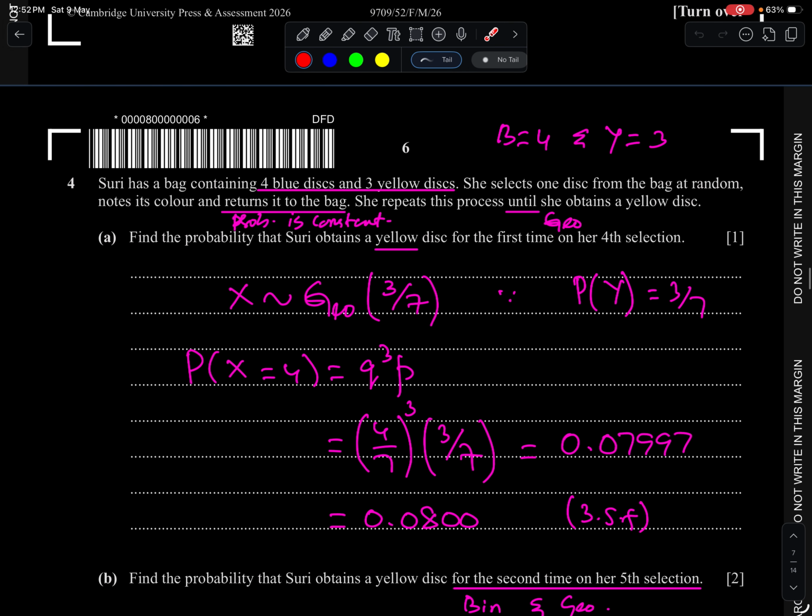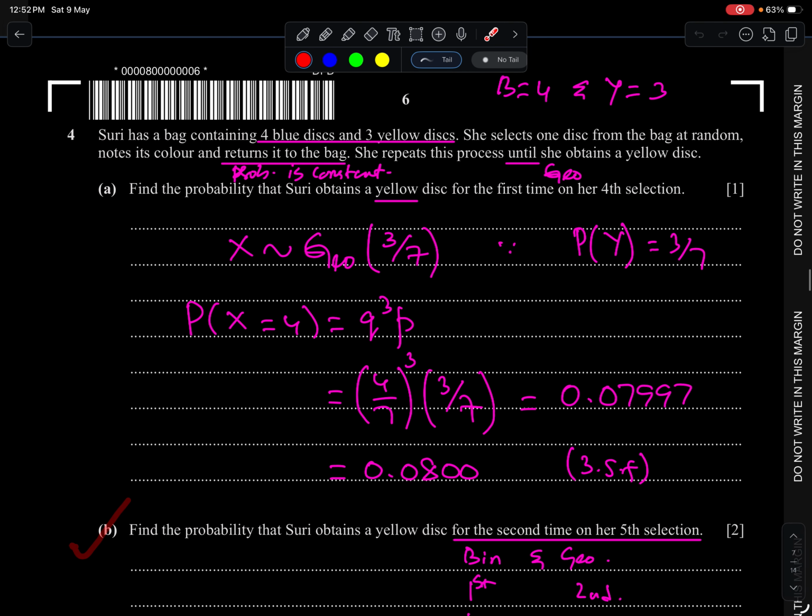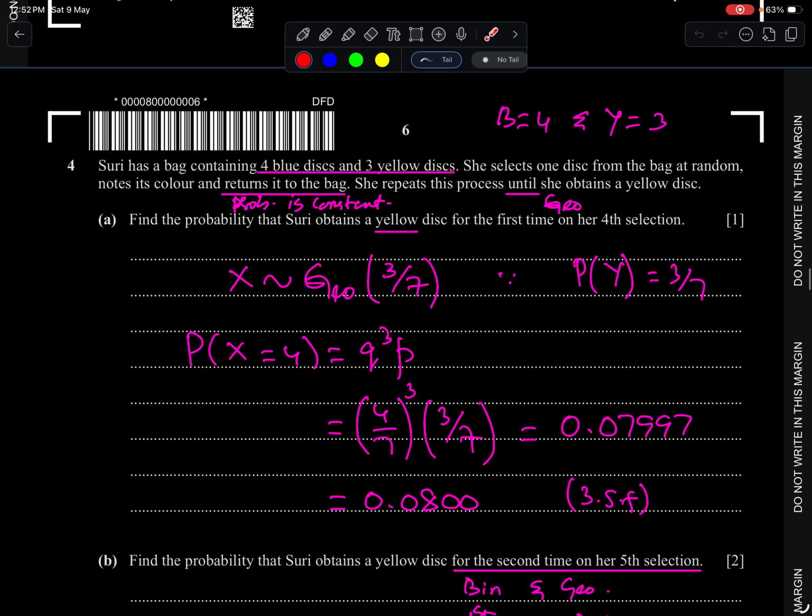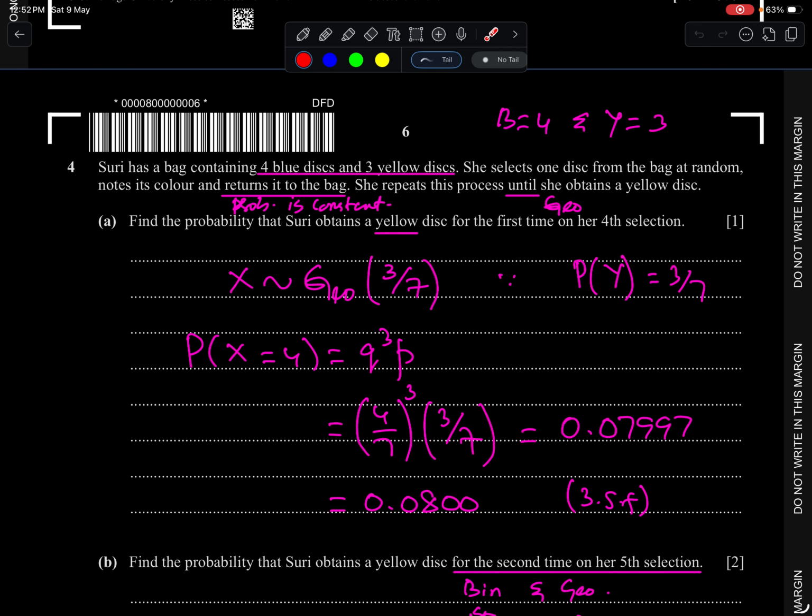Now this question, this second part. Anyway, let me explain the whole question. Suri has a bag containing 4 blue discs and 3 yellow discs. She selects one disc from the bag at random, notes its color and returns it to the bag. This means with replacement, so probability is constant. That is why this can become either binomial or geometric.